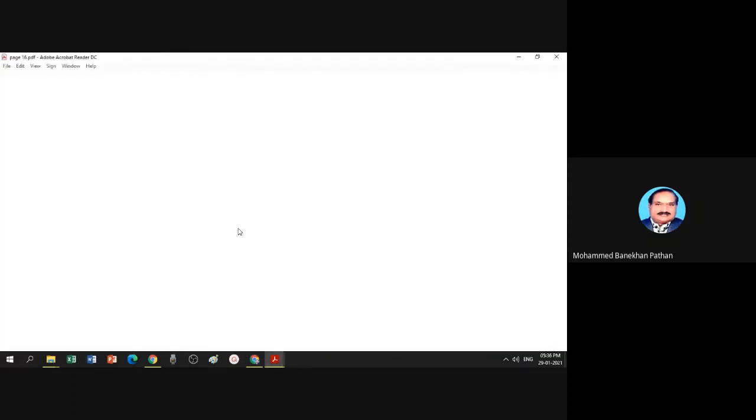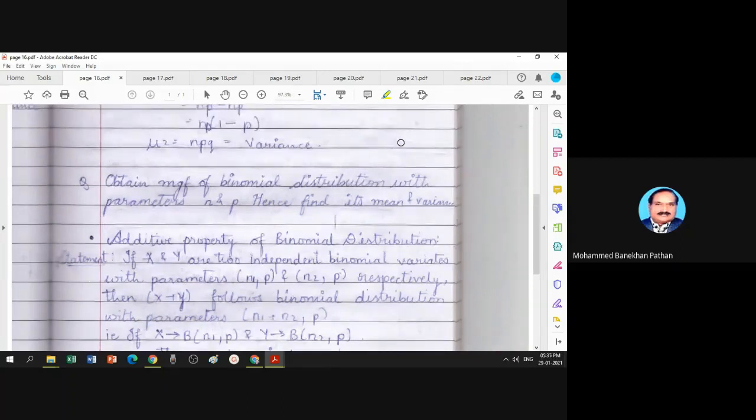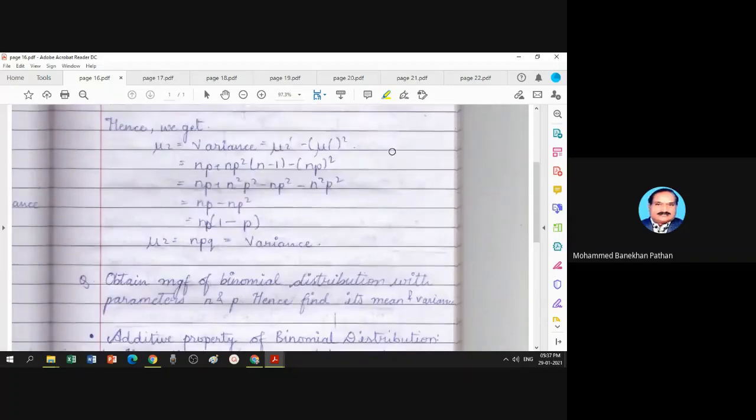Yesterday we have seen MGF, CGF of binomial distribution, and with the help of MGF we developed the first raw moment, which represents the mean. We also calculated the second raw moment by differentiating the given MGF two times, and after having the second and first raw moments we can get the variance by using the relation of second central moment with raw moments.